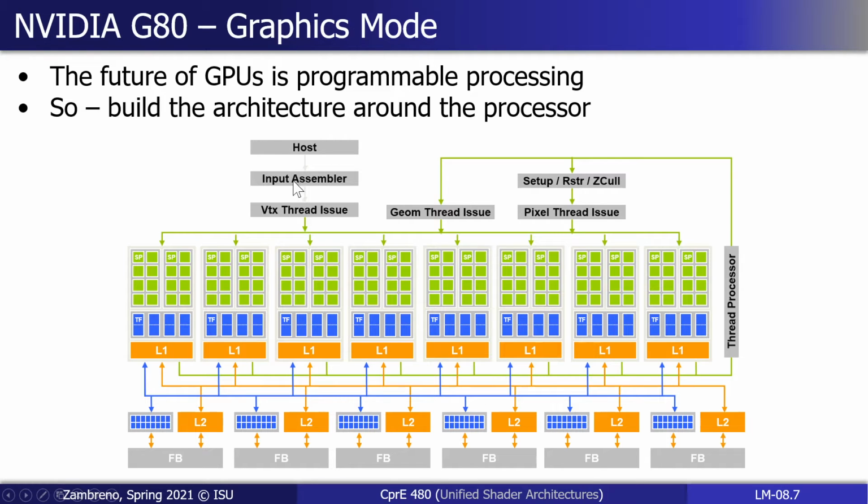Host and input assembler, that's our vertex fetch. In our design, we don't do vertex thread issue. We probably should have, but we just have one thread processor, so one thread issue. We are issuing it, but it's just to one core, doing all of our vertex processing, a lot of it in parallel. That's what these SPs, as we'll talk about, will be handling, which could include, if needed, texture fetch, caching for data, and things like that.